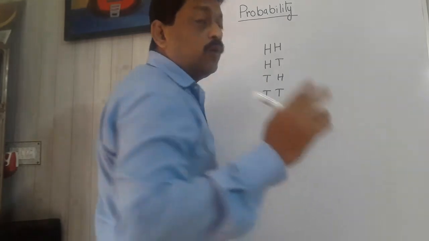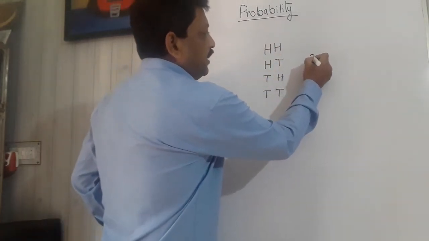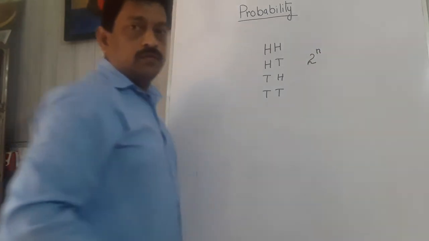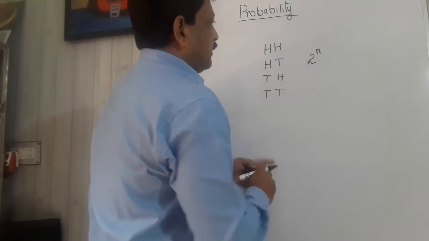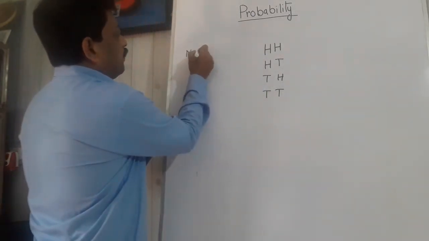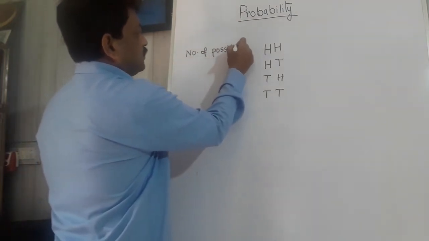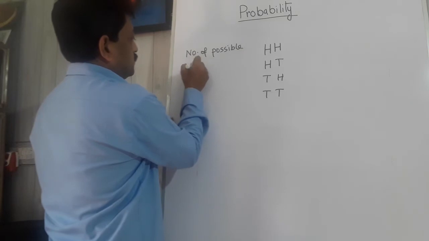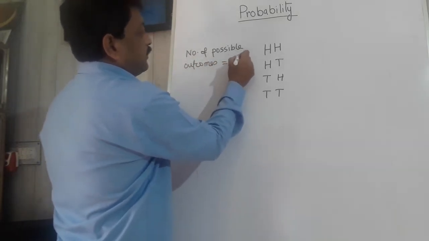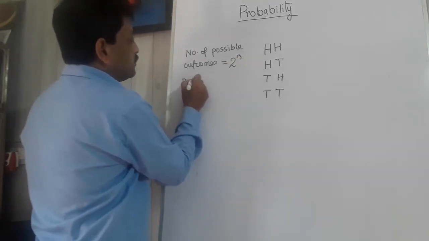Since there are only two outcomes in a single coin, the formula is 2 to the power n, number of possible outcomes equals 2 to the power n. Here n denotes the number of coins.